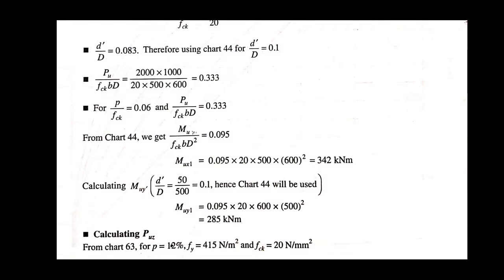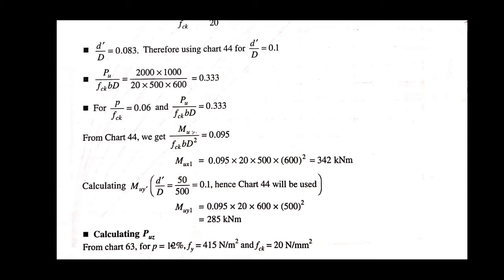So let's see. For now d dash by d is 0.1, and now we have to find out pu by fck bd. Pu is 2000 into 1000 by fck is 20, b is 500 and d is 600.